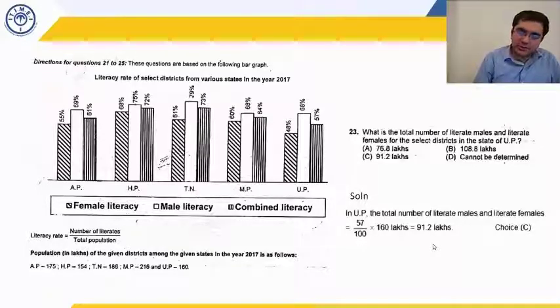So reading the question carefully would have been helpful here. It does not want separately literate males and literate females. If the question were to find separately literate males and literate females, then you have to use the concept from question 21. From question 21, 48% of x plus 68% of y equals 57% of x plus y.